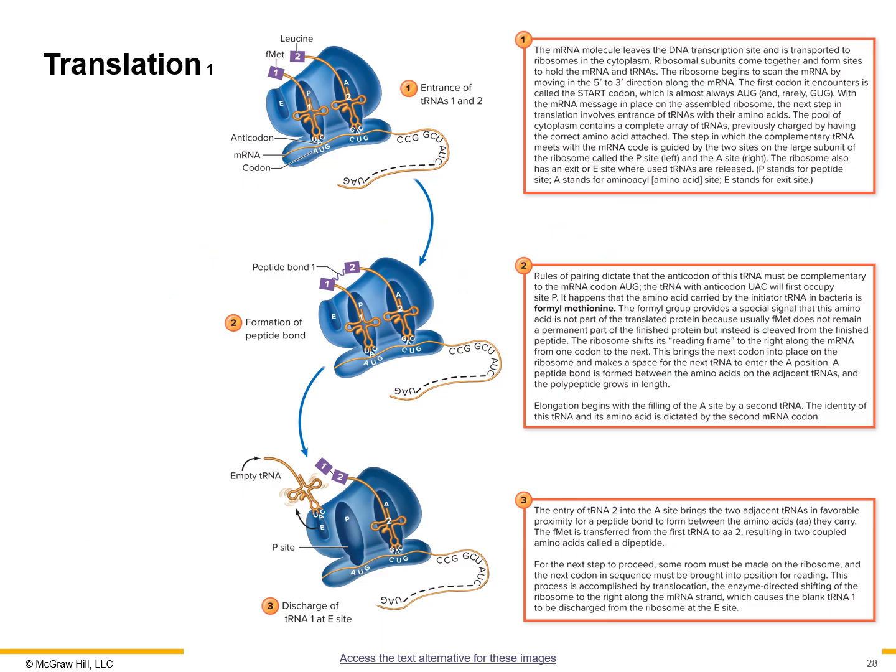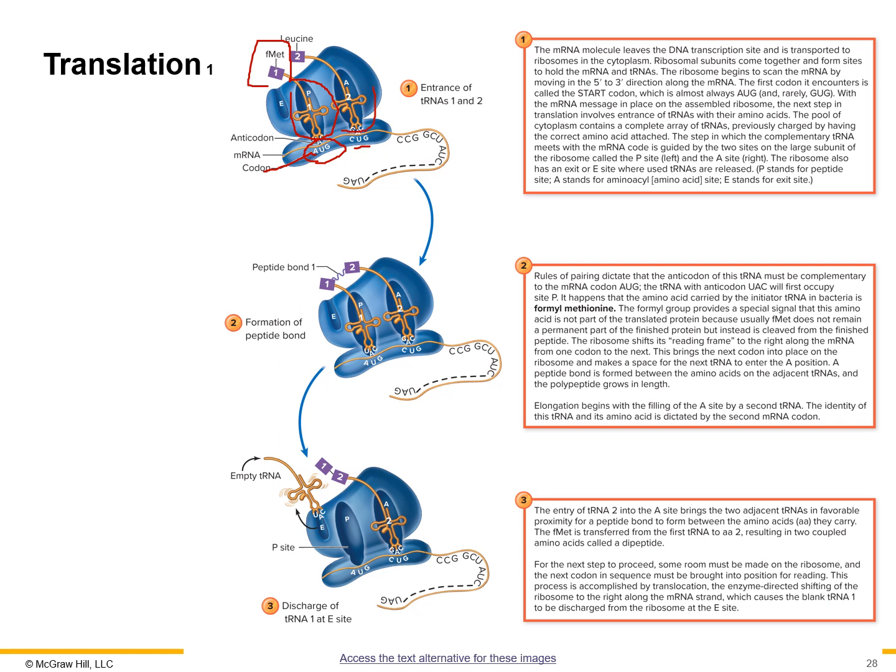All right, so how does this actually happen? First of all, our messenger RNA would attach to that small subunit. We have a start codon here, AUG. Our tRNA comes in, attaches with the anticodon, and has this amino acid methionine. Our next codon is CUG.